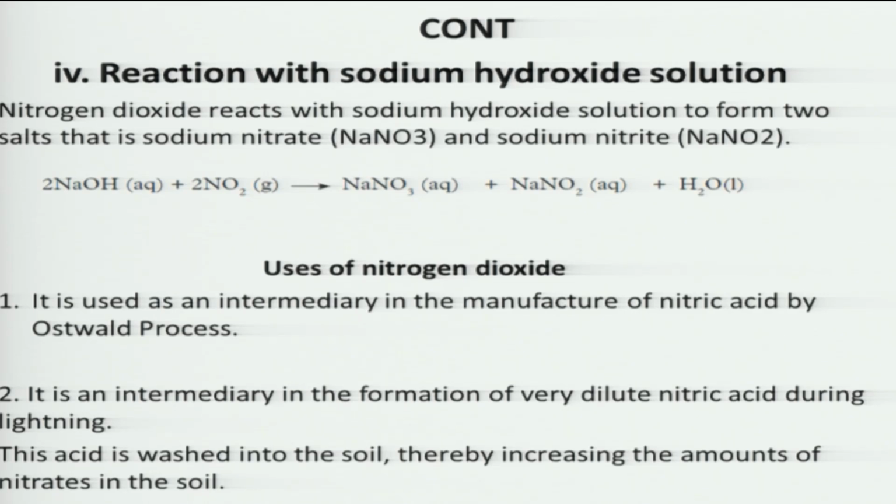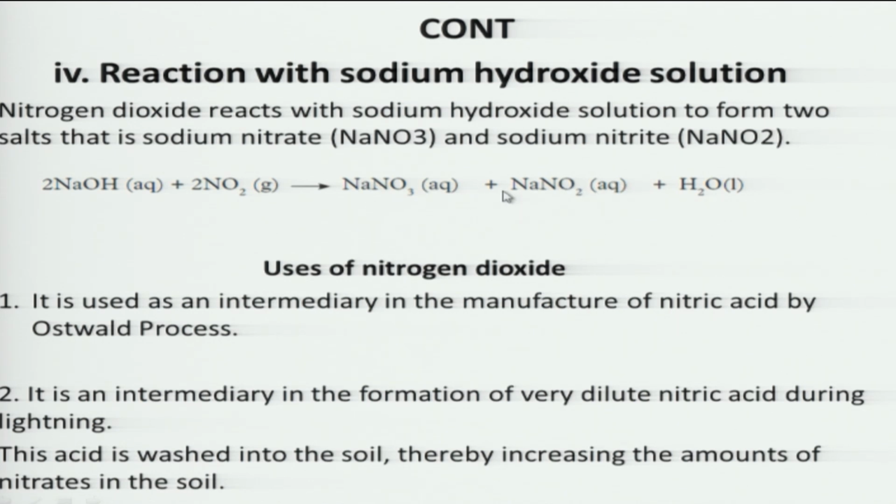So, reaction with sodium hydroxide solution. When we react sodium hydroxide with nitrogen dioxide, we get sodium nitrate, sodium nitrite, and water. So two salts are formed. These are salts, by the way: sodium nitrate and sodium nitrite.